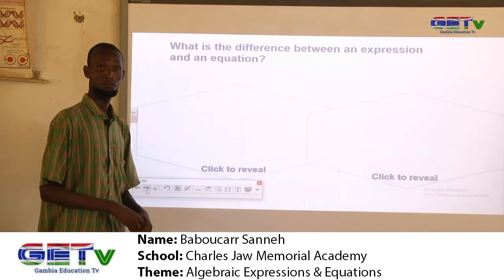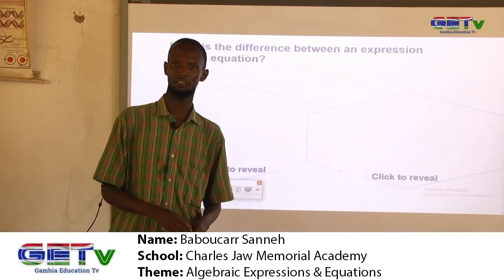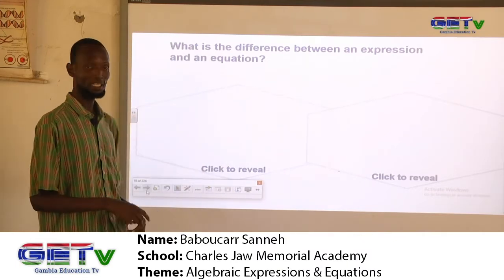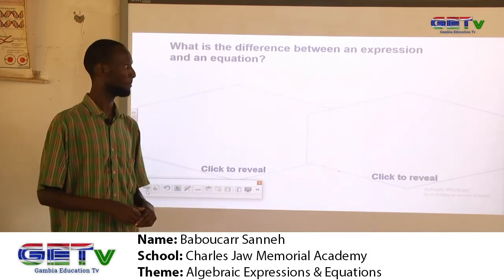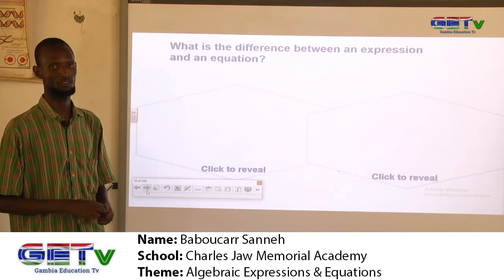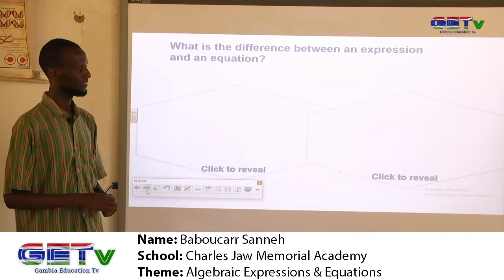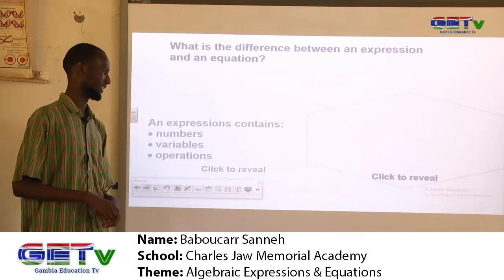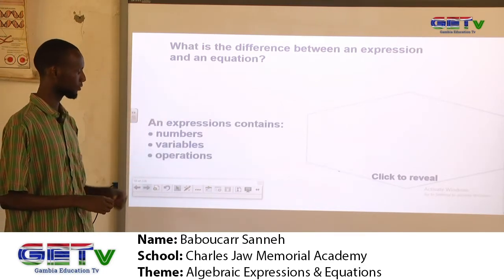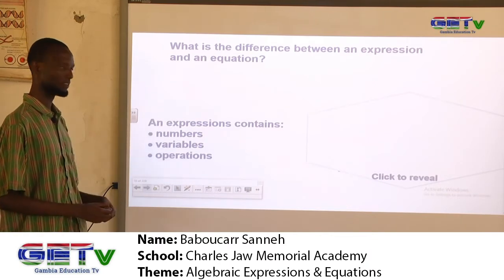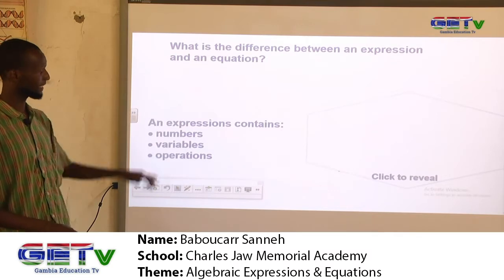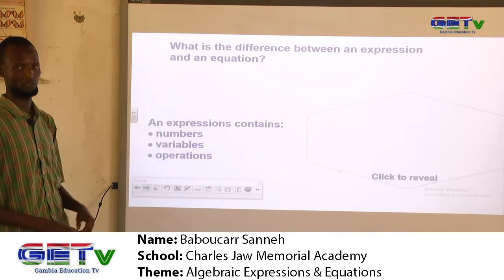Now that we have looked at what an expression is and also what an equation is, what is the difference, therefore, between an expression and an equation? Let's see what happens here. We have said that an expression contains numbers, variables, and operations. That's what makes up an expression.